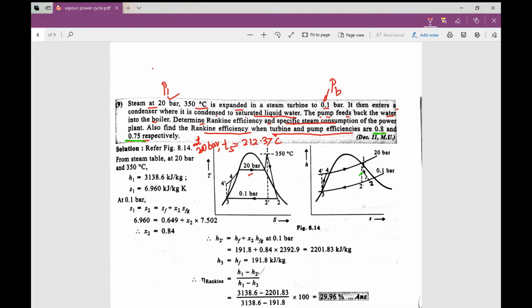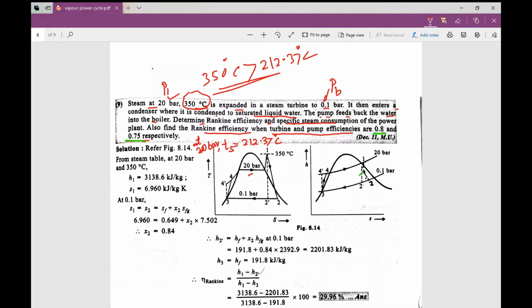So from the steam table, the saturation or boiling temperature is this value, 212.37. Now dear students, the available steam is at 350 degrees centigrade. This 350 degrees centigrade is greater than 212.37 degrees centigrade. So we can say yes, steam is superheated.